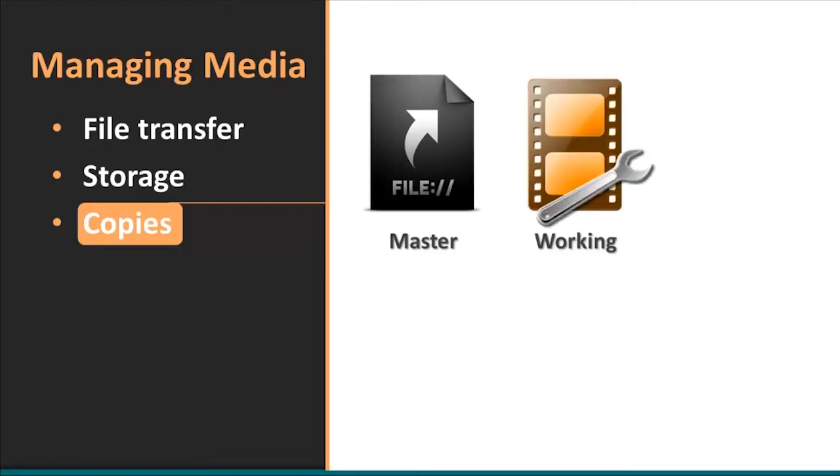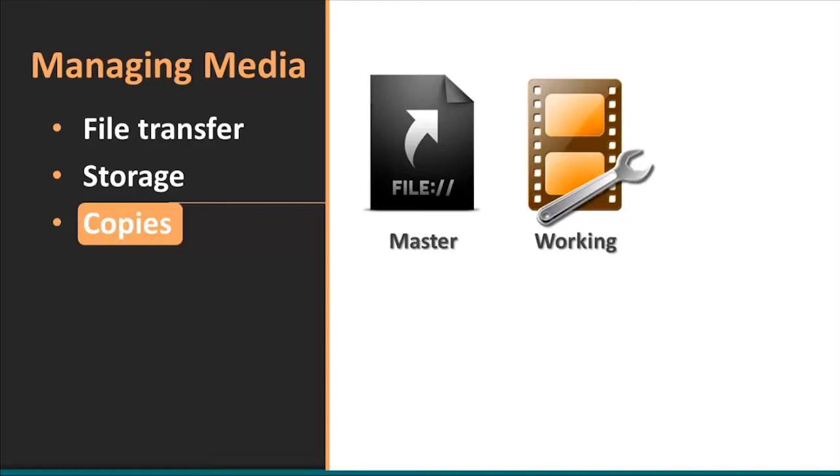The second type of file type that we tend to use for copies is the working copy. And the working copy is exactly what it sounds. This is the one that you edit. This is what you'll import into the timeline. In other words, you make a duplicate of the master, and the working copy is the one that you'll then import. You do not import the master into Premiere Elements.